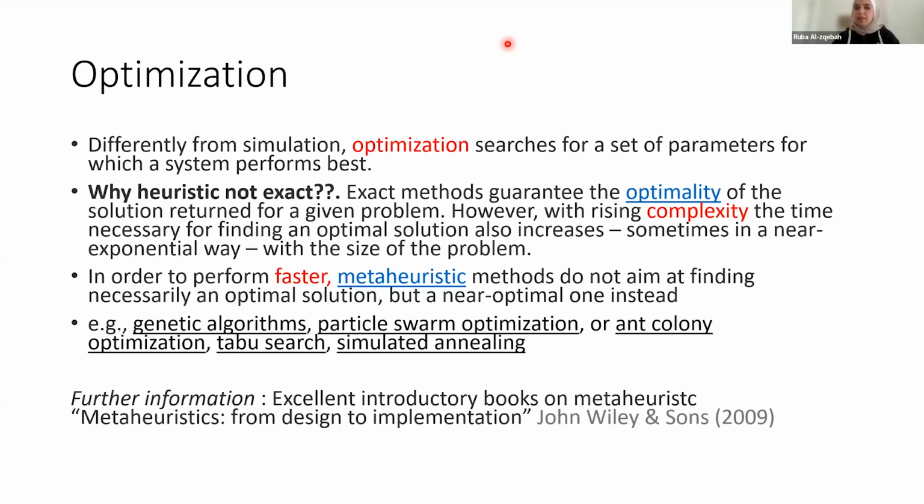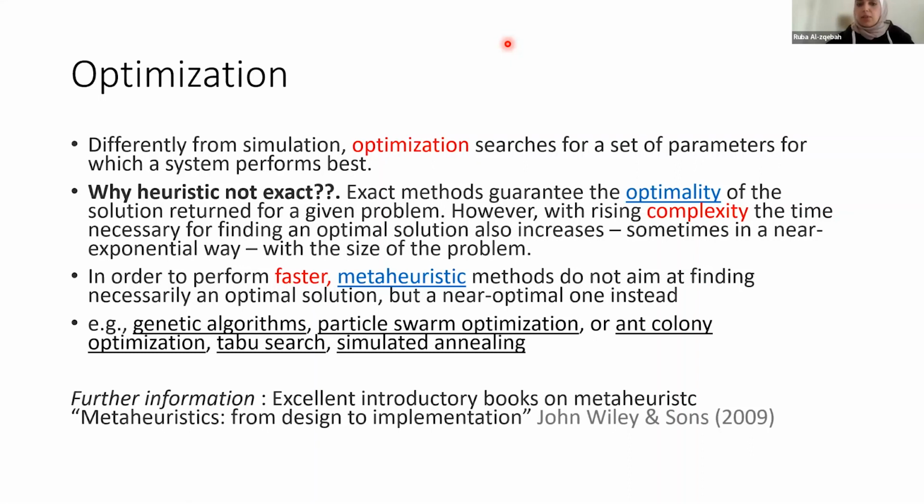We want a good solution, optimal or near optimal, within a feasible amount of time. That's why we use heuristic methods. They are faster. Heuristics or meta-heuristics give a near optimal solution, and they combine well with simulation.